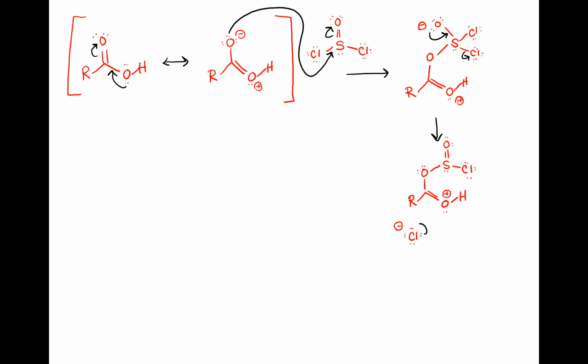But we've only formed 1 chloride, so we can't use it twice. The pKa of this protonated oxygen is about -7, and the pKa of HCl is about the same, -7. So the proton will basically go back and forth between HCl and this protonated oxygen.